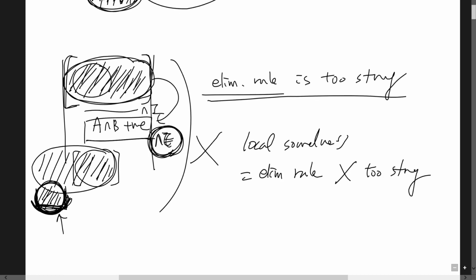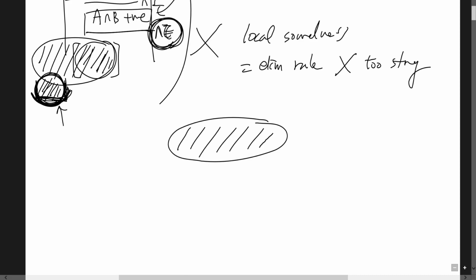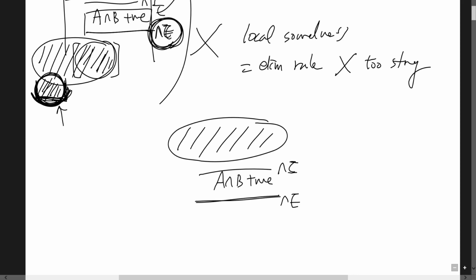So intuitively, the local soundness property says that if you started with this amount of knowledge to generate, say, a conjunction true by applying the introduction rule, no matter how many times you apply the elimination rule, in what sequence, the sequence of applying this elimination doesn't matter. No matter how hard you try, what you get is only part of the original knowledge.